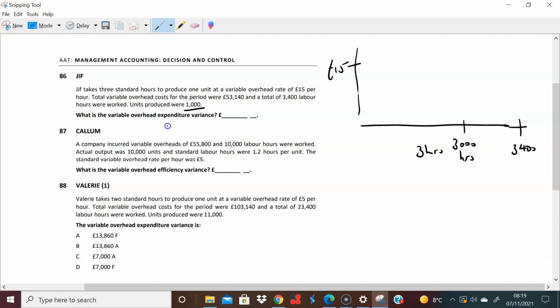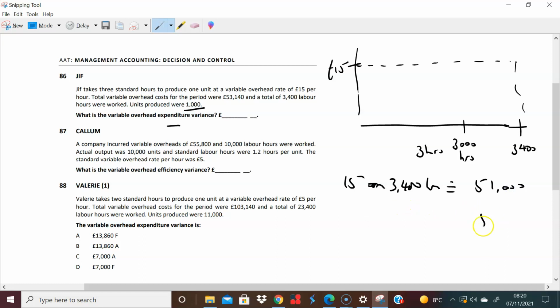This question is asking about just expenditure, so that's quite all right, because all I'm really asking for here is this. You should have spent £15 on the 3,400 hours, which would come to 15 times 3,400, which is 51,000. The question we're asking ourselves is how much did you spend?